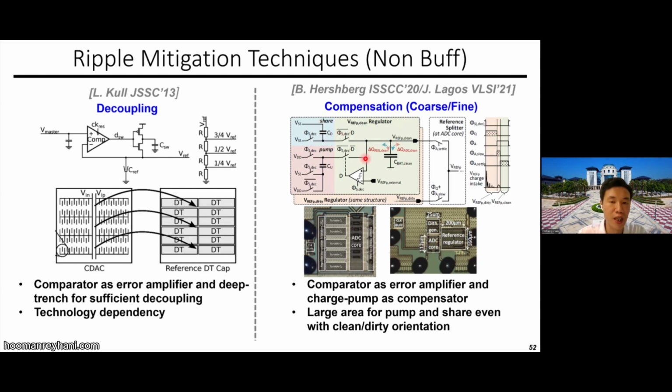And then if you need a fine reference voltage, they have a loop similar to this one to make the reference voltage fine enough, and use the decoupling cap to give the charge over here. But you can see that because the mechanism still relies on the decoupling capacitance, even though you make it coarse and fine, it can save some area, but still this looks very considerable from the area point of view.